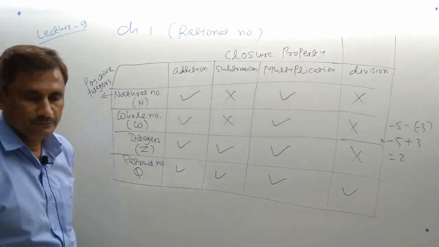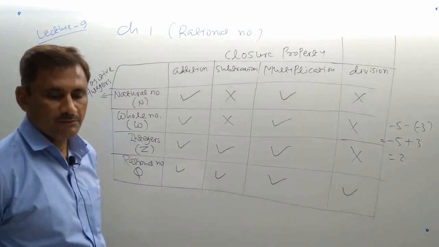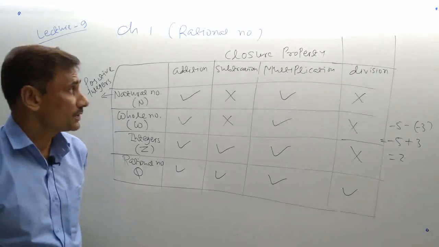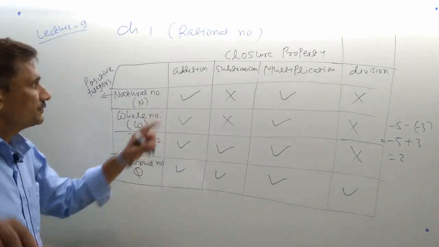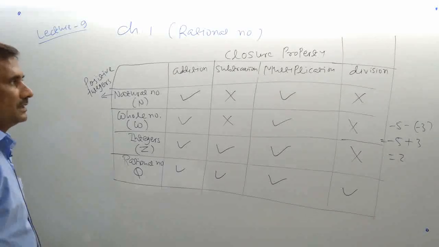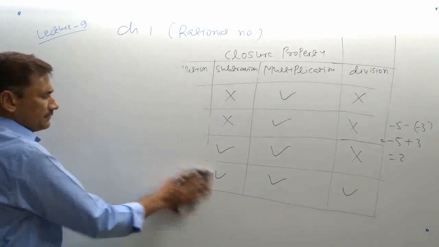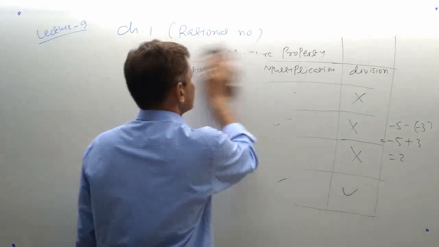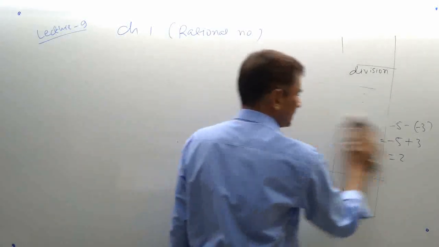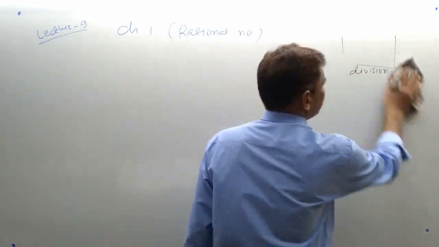Now look at 2. Two rational numbers can be multiplied in any order. Obviously, why? Sequence is not important. If you say 2 fives are 10, then 5 twos are also 10.